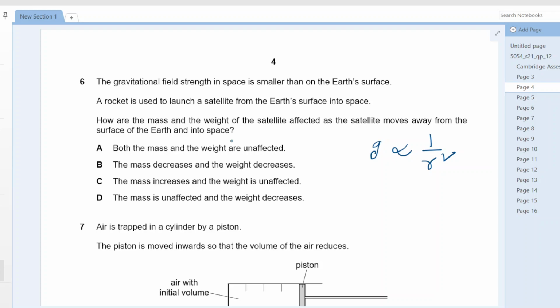Therefore, as the rocket goes upward, g decreases and weight decreases. Therefore, the situation is best described by answer D. Mass is unaffected and weight decreases. Therefore, write 6D.